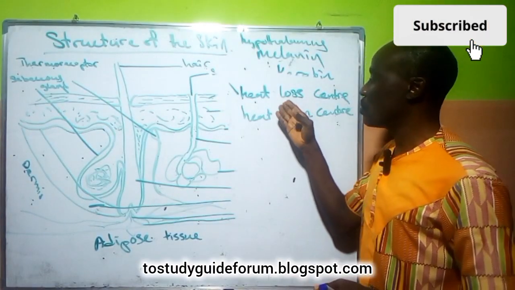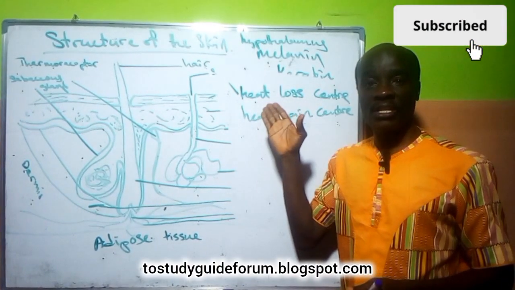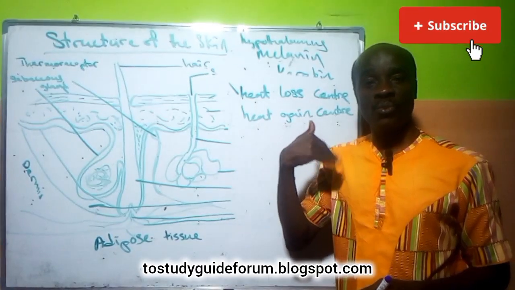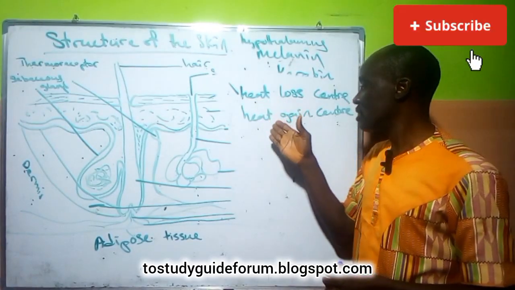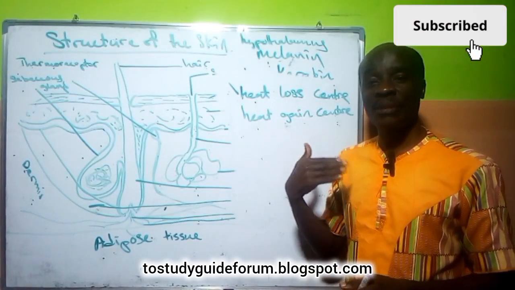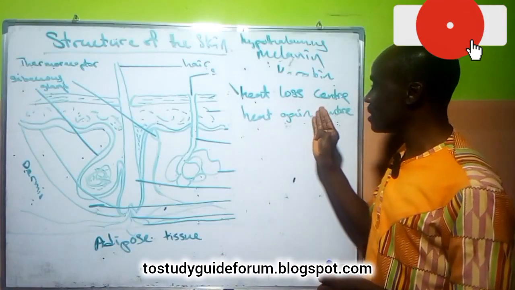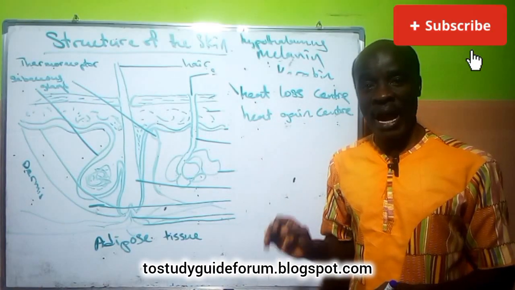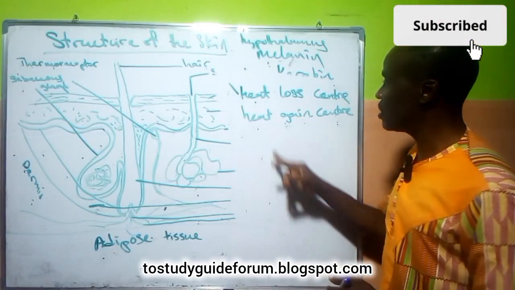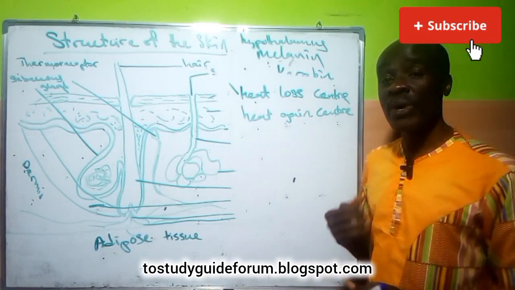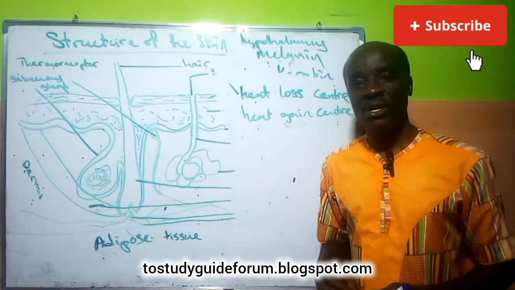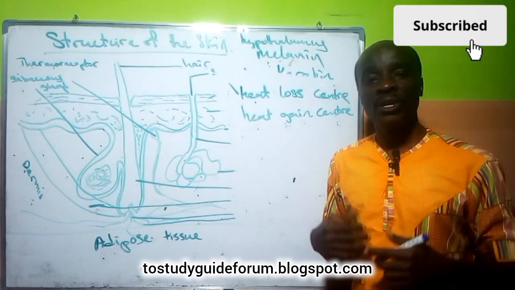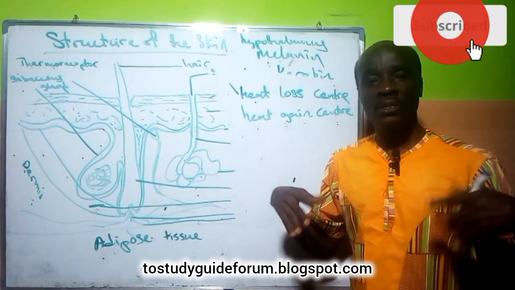The heat loss center is the area that helps the body to lose more heat, while the heat gain center helps the body to gain more heat. So when the surrounding temperature is too high, the heat loss center will be stimulated in order to encourage the loss of heat from the body.